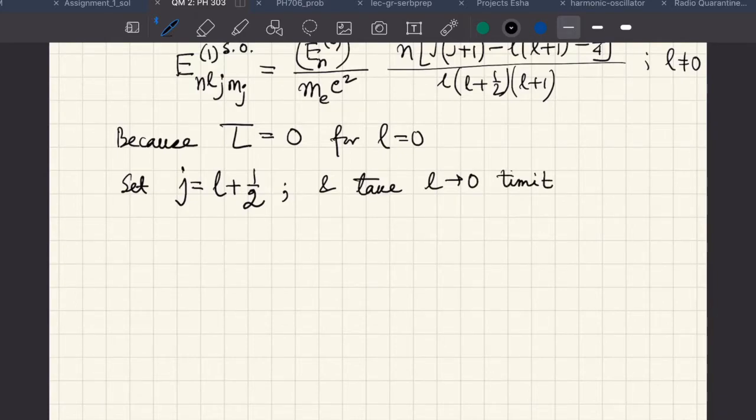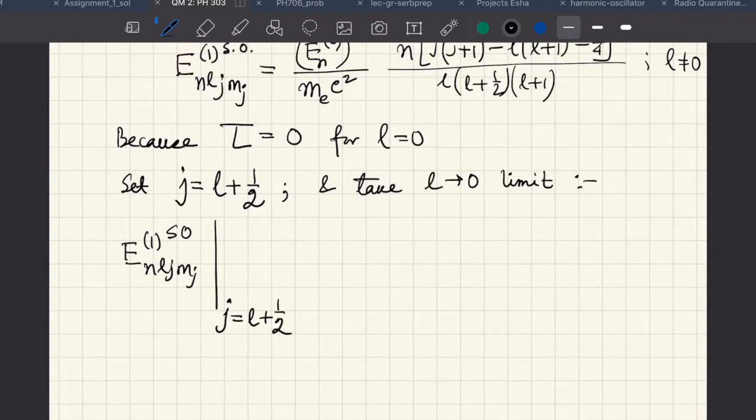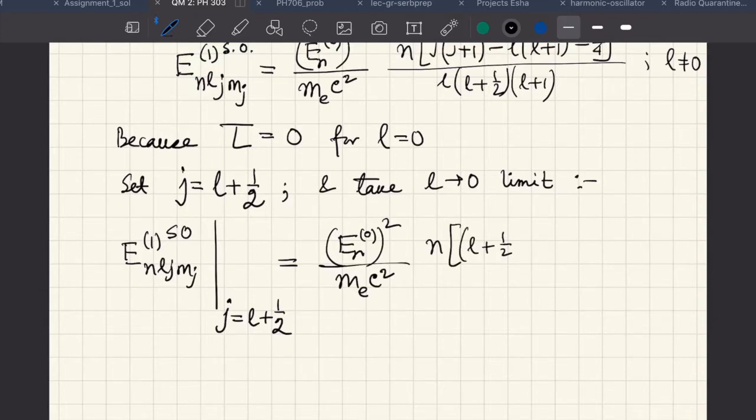What will happen then? E1 spin-orbit for n, l, j, m_j, with j equal to l plus half, is equal to En0 whole squared by m_e c squared n, into (l plus half) into (l plus 3/2), simply because we have j into (j+1) and j is l plus half.